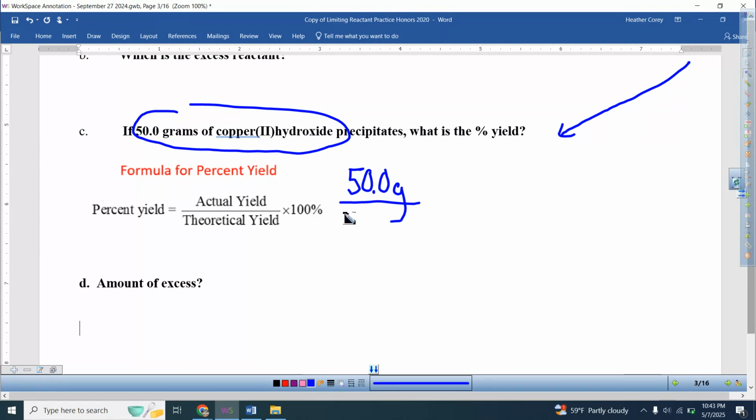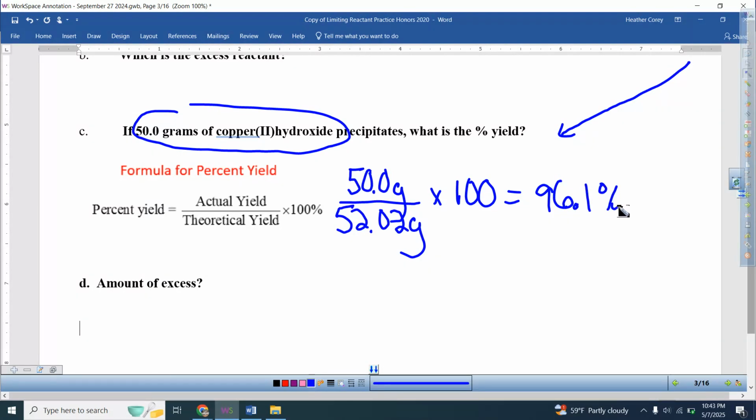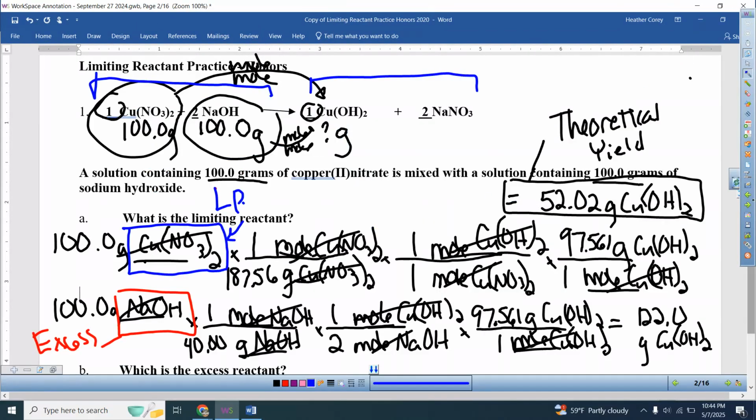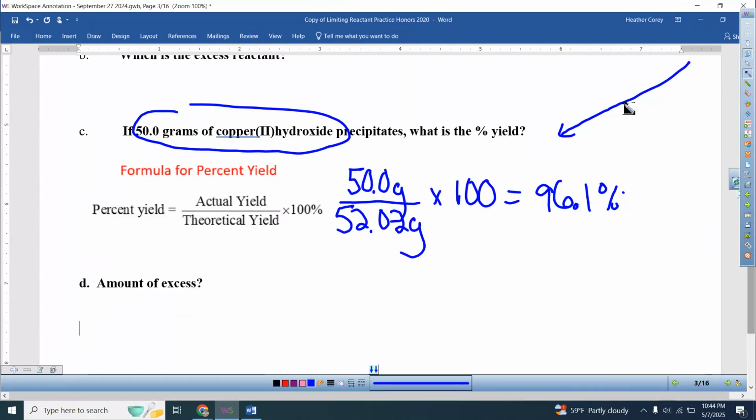So that was from the limiting reactant. We had 52.02 grams, times 100 because we're finding a percent. And this gave me 96.1% yield.